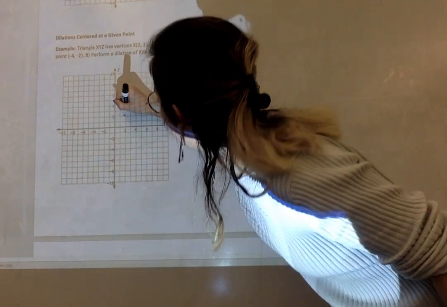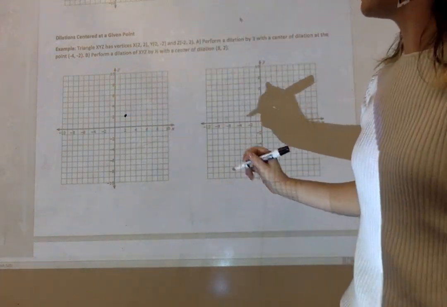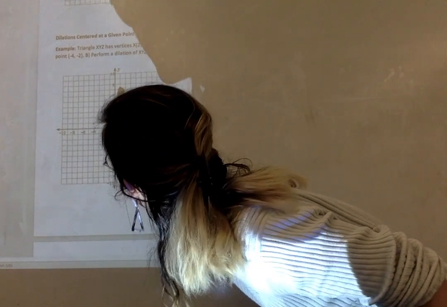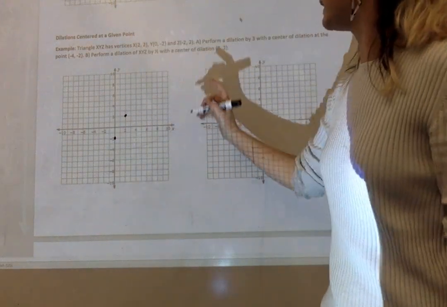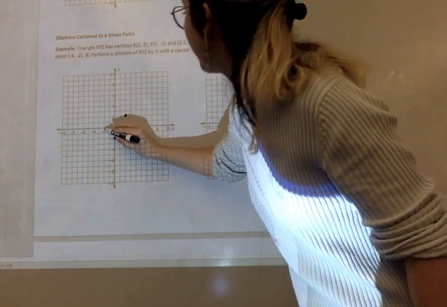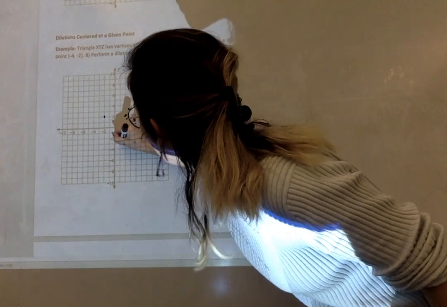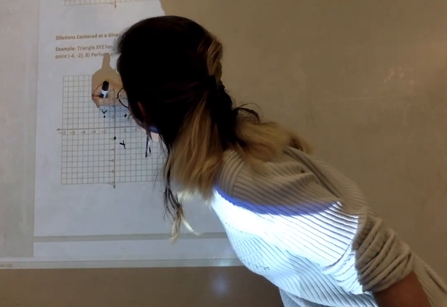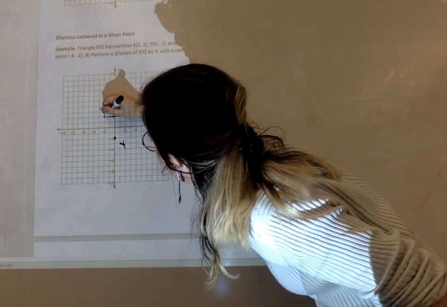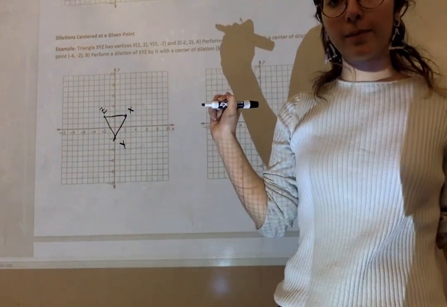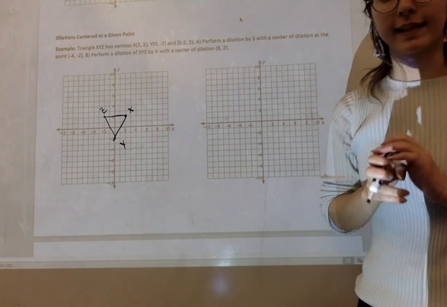So I'll go to 2, 2 on my graph. Y at 0, -2. Go to 0, -2. And Z at -2, 2. Okay. X, Y, Z. There's my triangle. Okay, good, you can see it.